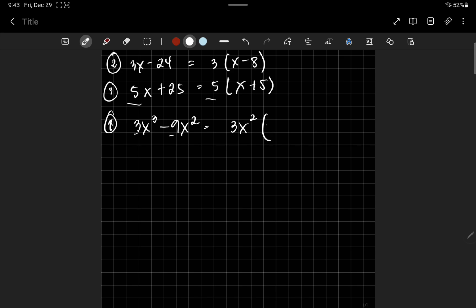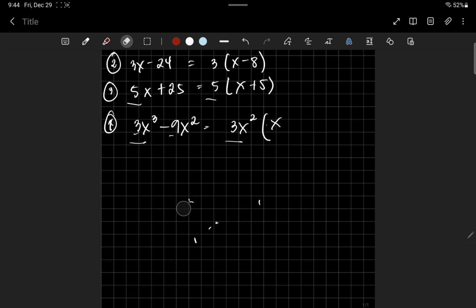Now, you divide 3x cubed by 3x squared, that is x. Okay, so 3x cubed divided by 3x squared. So cancel 3. X cubed divided by x squared. So 3 minus 2, that is 1. So x na lang siya.